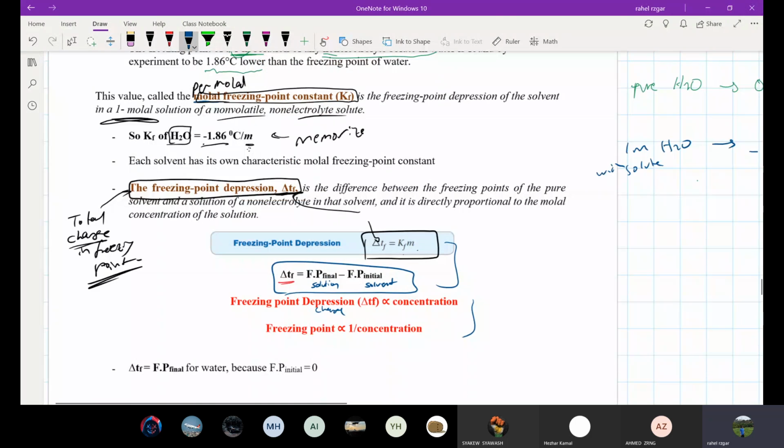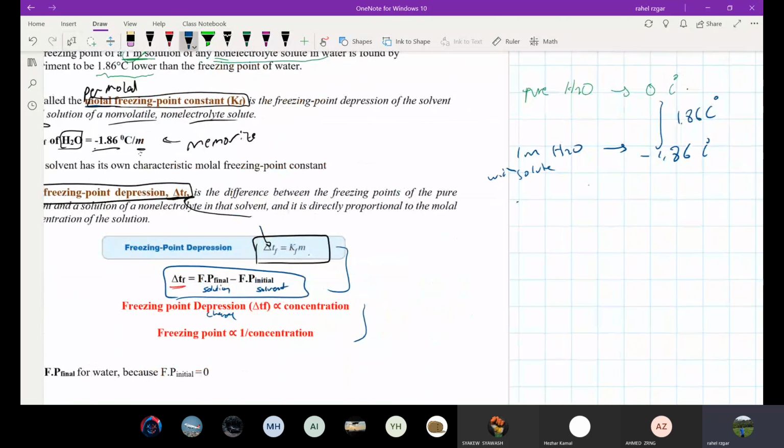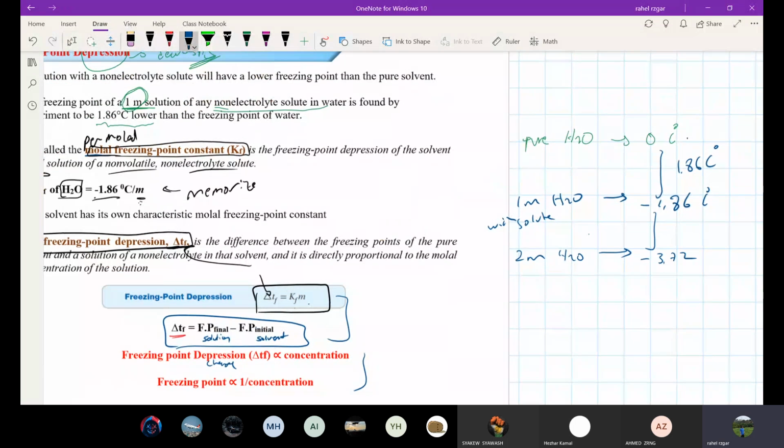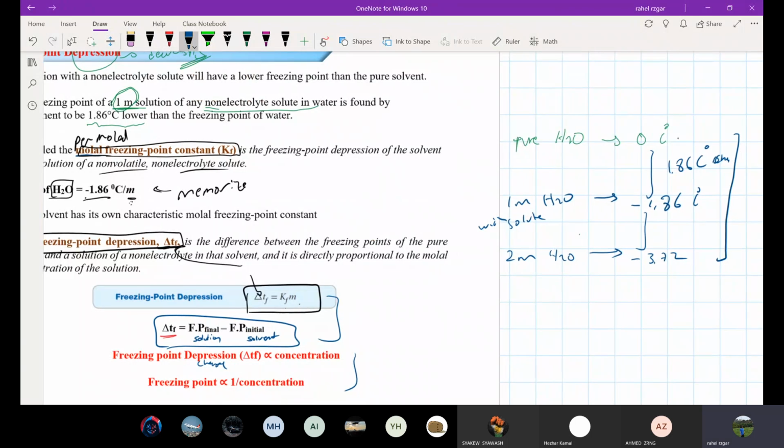So if everyone looks at this, for example, for 2 molar H2O, from here to here, this one becomes minus 3.72. So at first, this is the change. This is also a change.